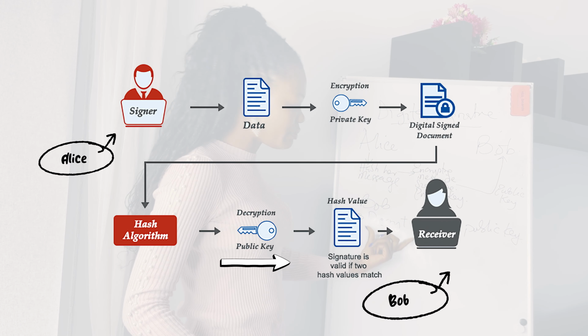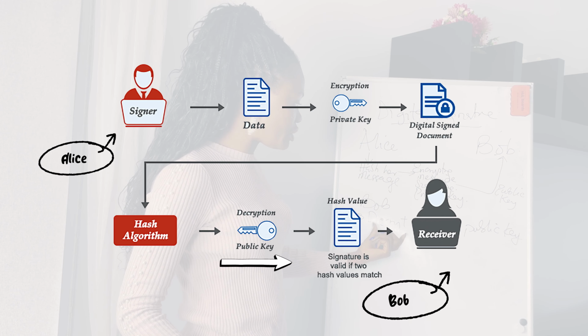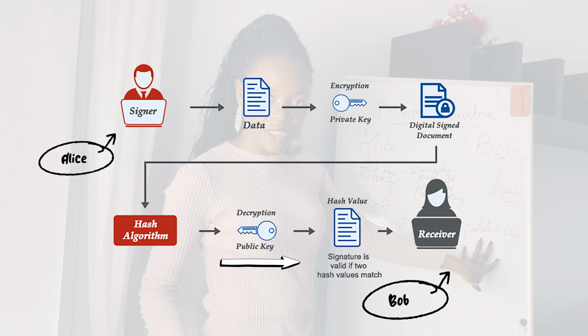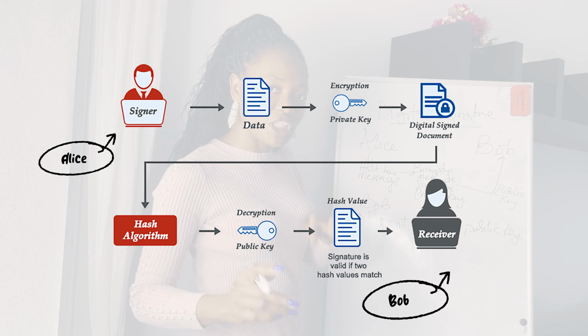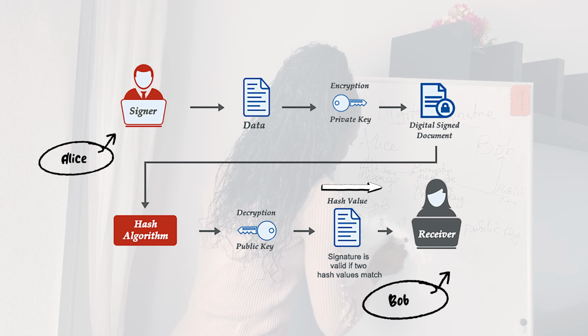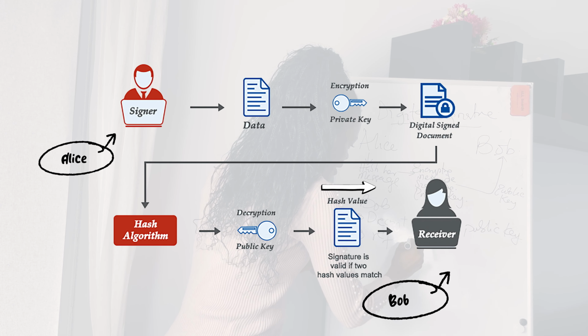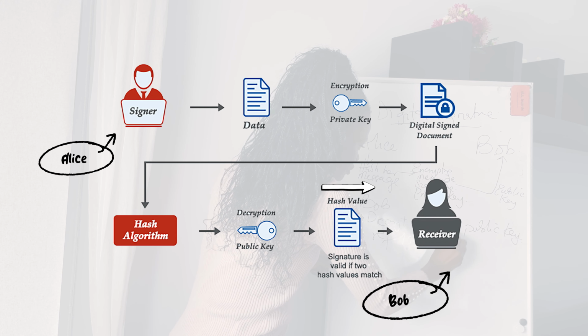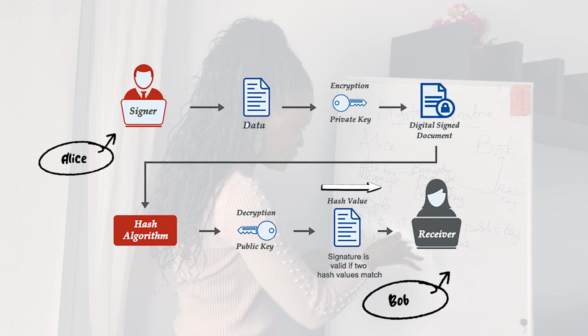While Bob is decrypting this message with Alice's public key, there will be a reference hash value from the whole decryption.